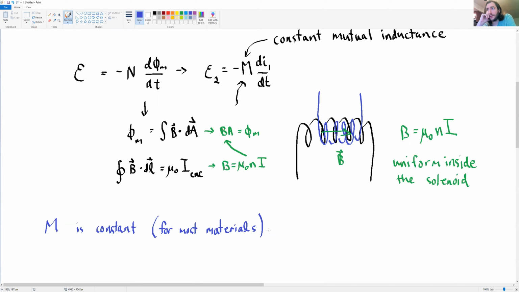If you remember, there's a dielectric constant, and then there's a magnetic constant as well. This one is called the permeability, or magnetic permeability, I should probably say.